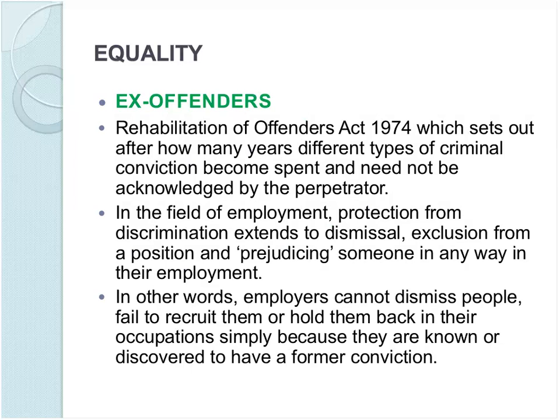So the people who in the past had some convictions are also protected by the Rehabilitation of Offenders Act. In other words, employers cannot dismiss those people, fail to recruit them, or hold them back in the occupation simply because they are discovered to have a former conviction.